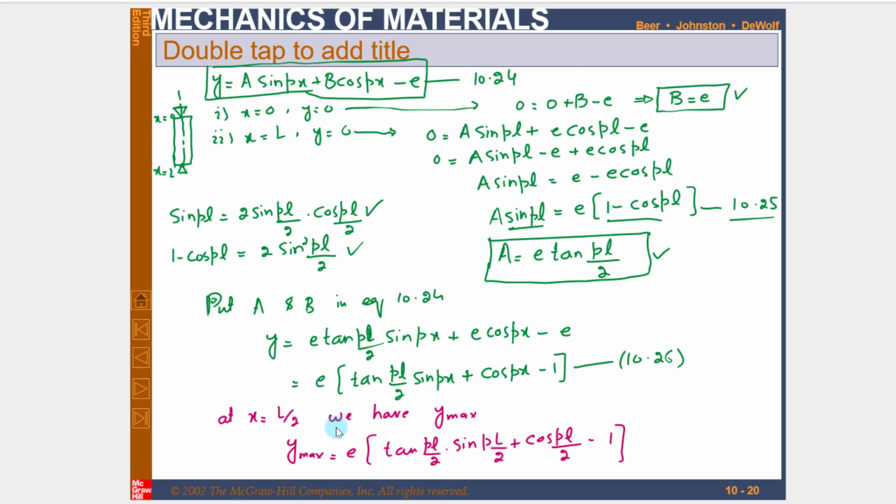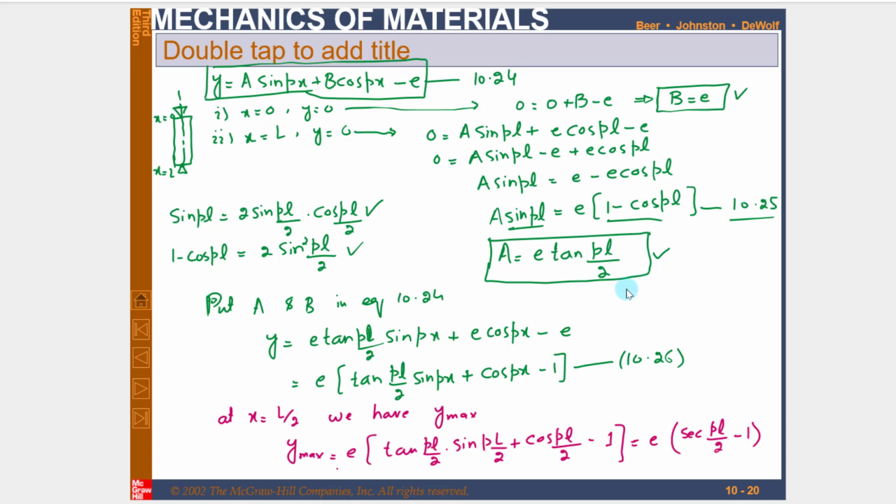Okay. When you further simplify it, you can check it in the book. The simplified equation becomes equal to secant of pL over 2 minus 1. So maximum deflection is equal to e into [secant of pL over 2 minus 1].